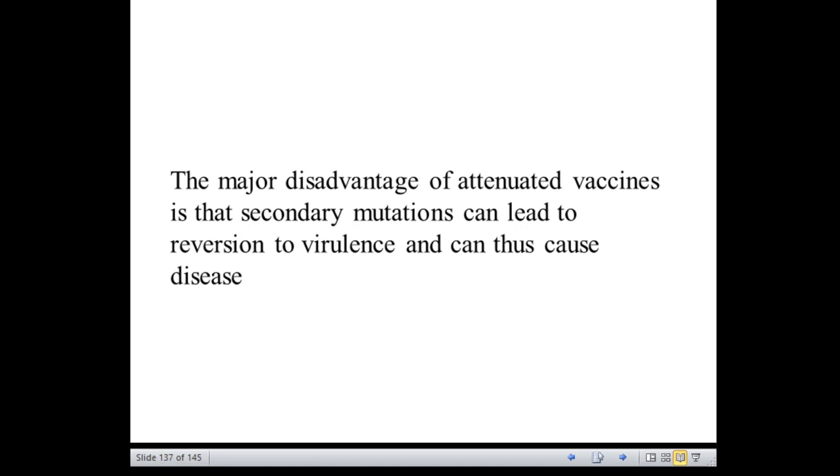And another limitation is that live attenuated vaccines usually need the cold chain to stay potent, and skilled healthcare workers are required to handle these vaccines at a specific temperature. And this adds to the cost.